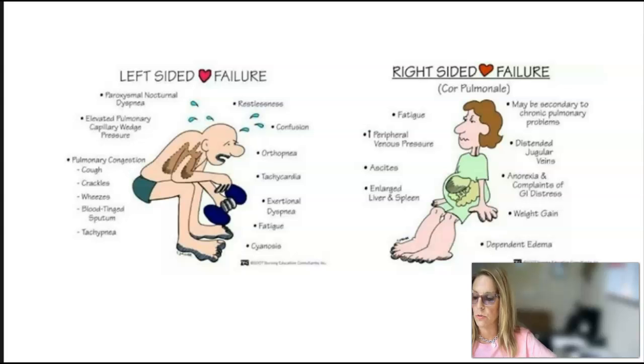Look for increased respiratory rate. This will happen because they're trying to improve oxygenation, and increased heart rate that you might see as well. Also watch for any hypotension that you may see, or again, they could have a hypertensive crisis going on.